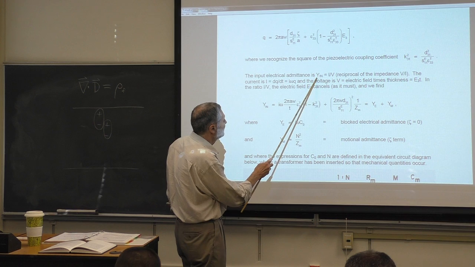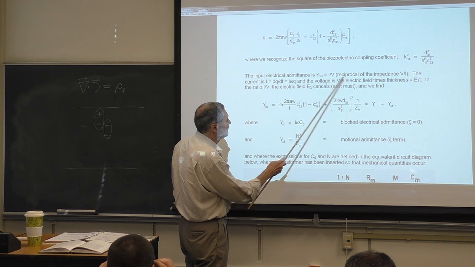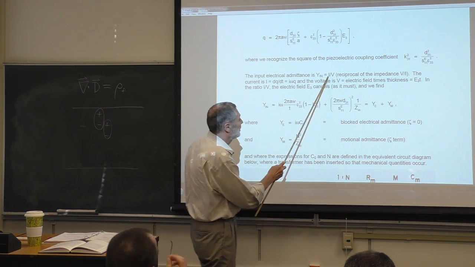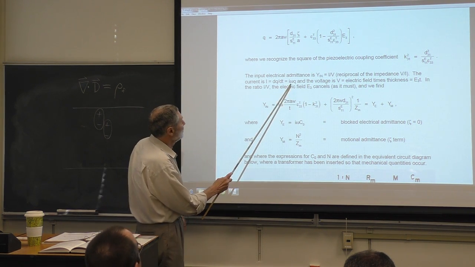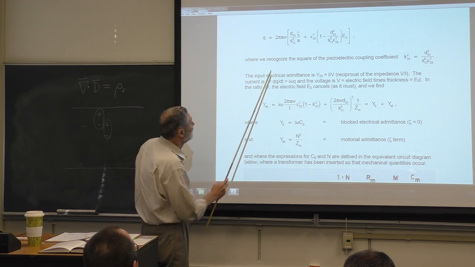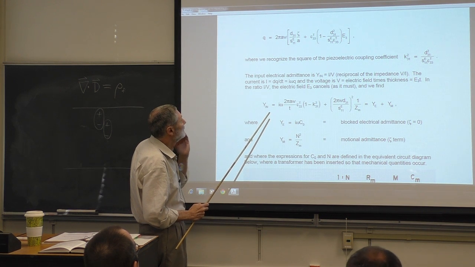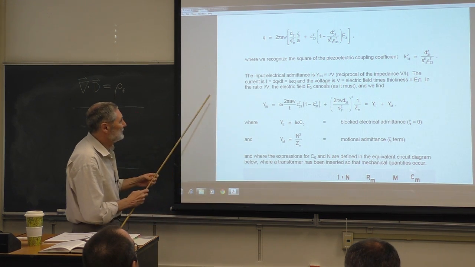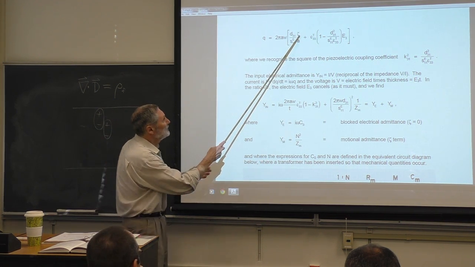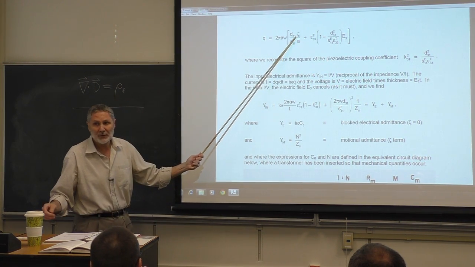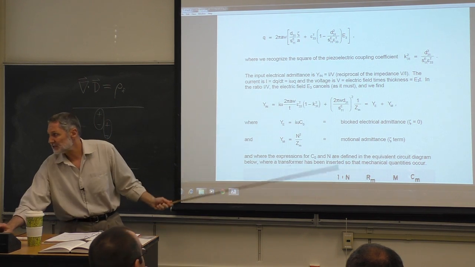The input admittance is the reciprocal of the impedance, so it's the current divided by the voltage. The current, as we said before, is just i omega q. Now I haven't put down all the steps here because it would be too long, but we know what zeta is. Remember, we know zeta in terms of E3. We have the solution here.